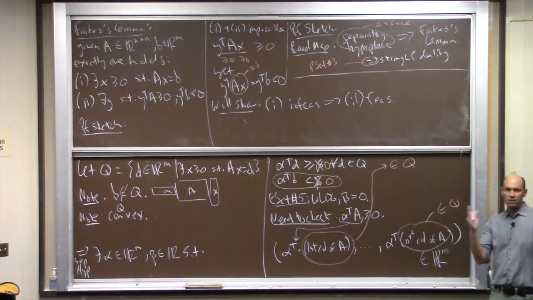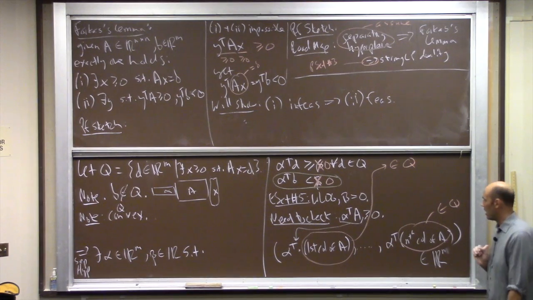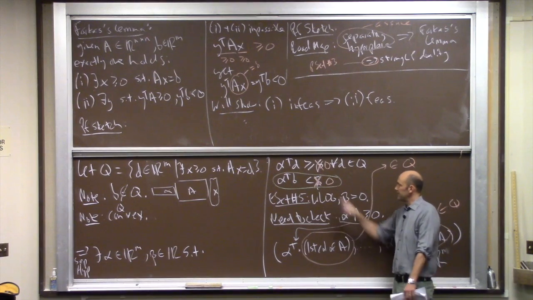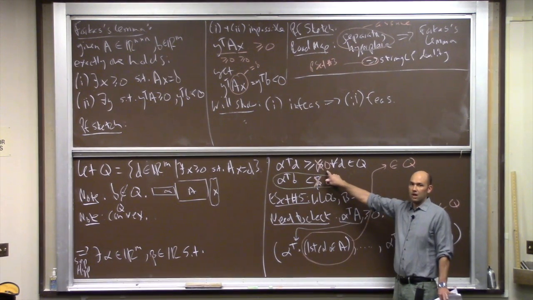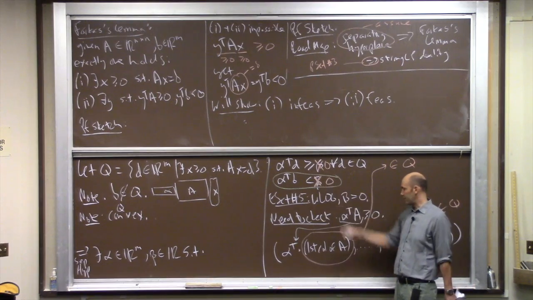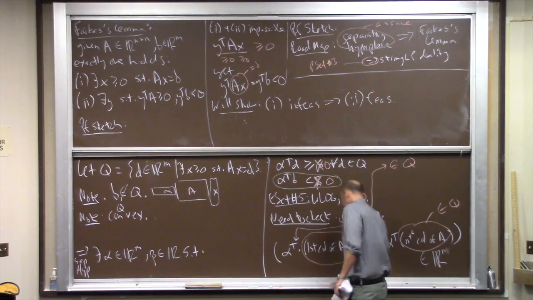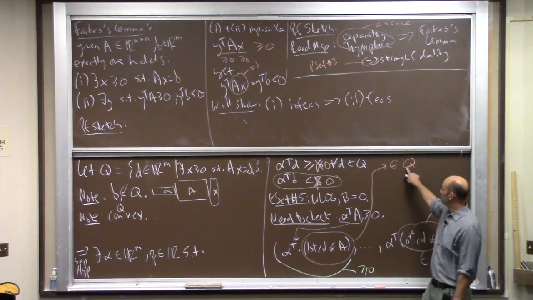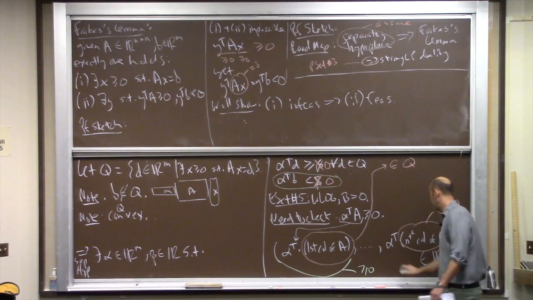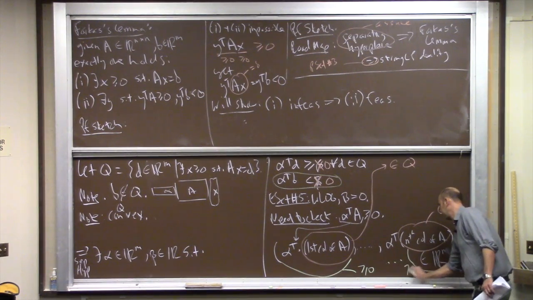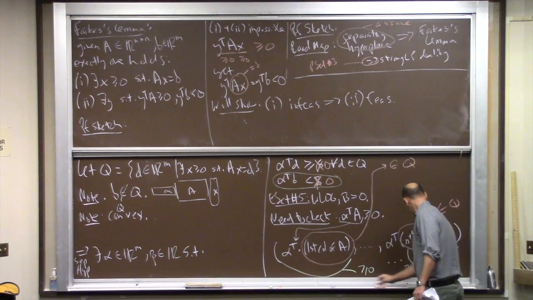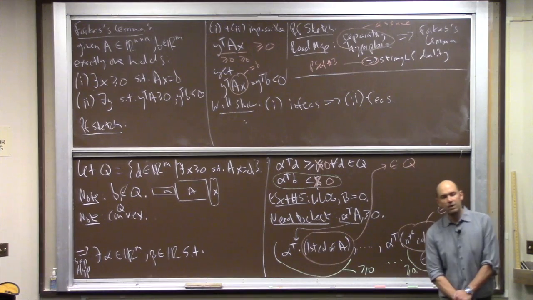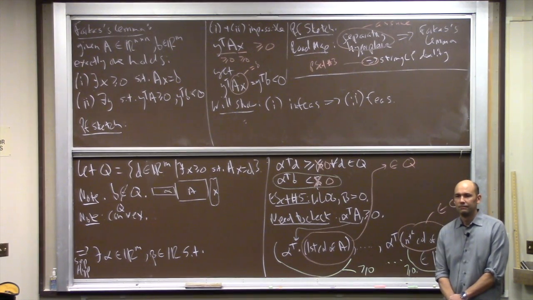Every column is a special case of a non-negative linear combination of columns of A. What do we know about everything in Q? Well, the separating hyperplane tells us all of the columns of A have to be on the other side of the hyperplane. So this is non-negative by virtue of the first column being in Q and the separating hyperplane guarantee, all the way up. All right? So that's Farkas' lemma. Any questions? See you Thursday.